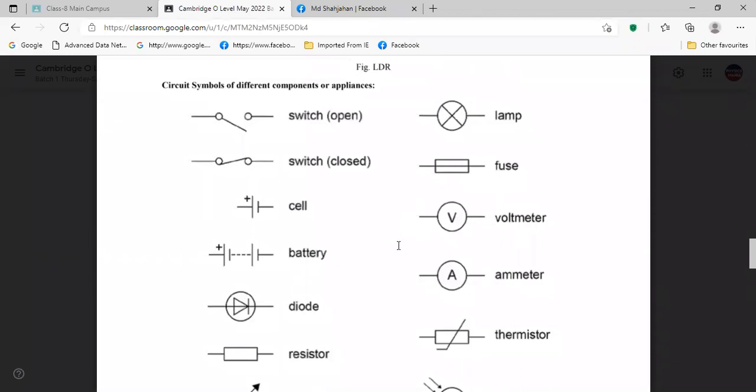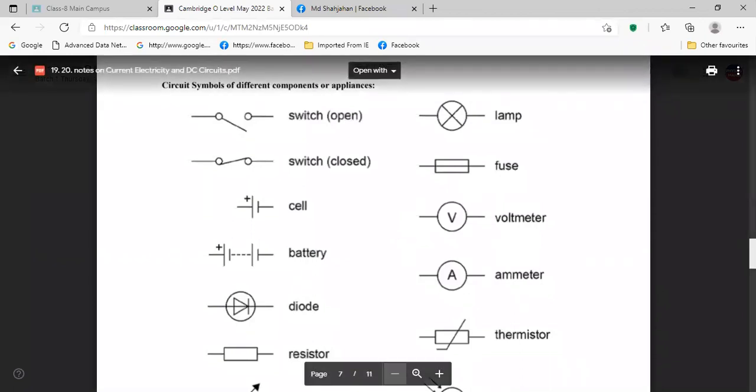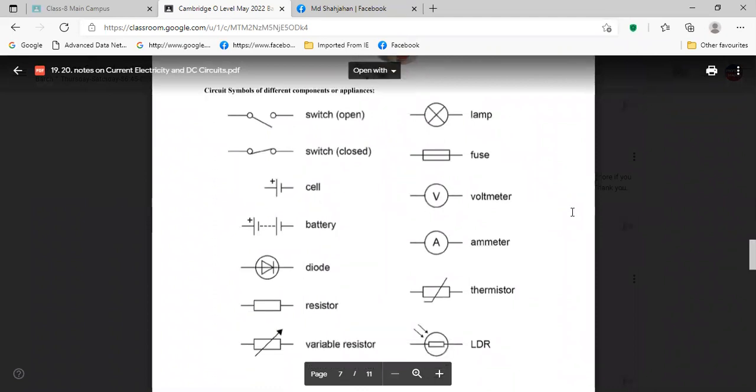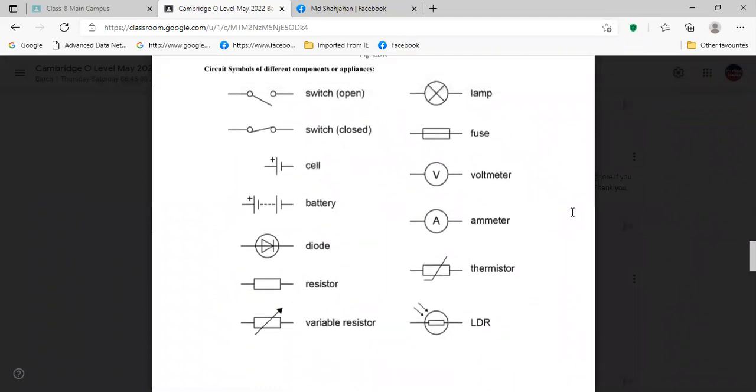Okay, so here you go. We have all the symbols together. Now, my question is why we are using these circuit symbols?